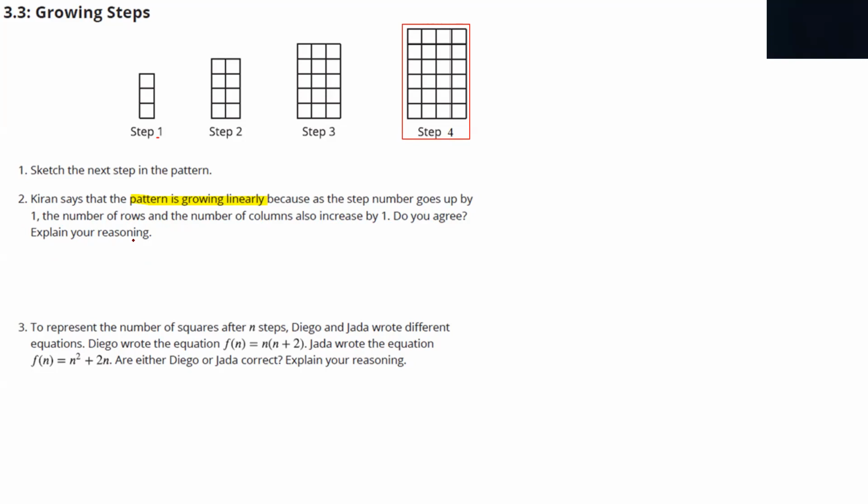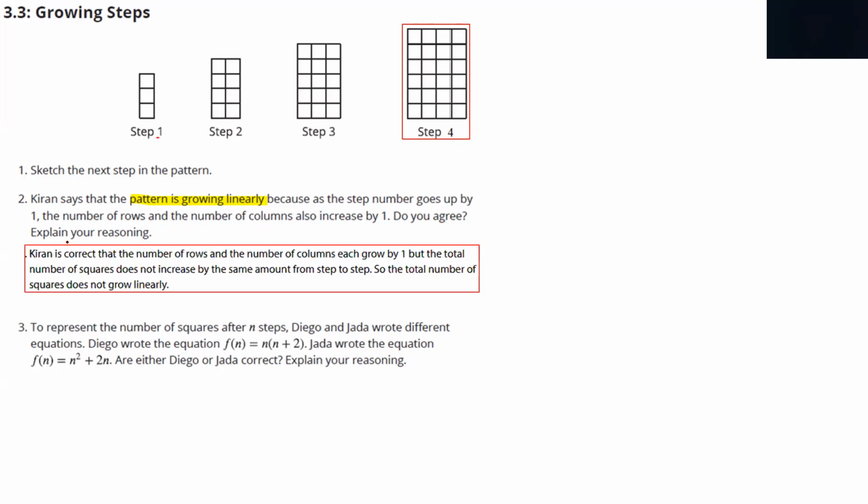Okay, so you were supposed to either agree or disagree that the steps are following a linear pattern. Karen is actually correct that the number of rows and the number of columns each grow by 1, but the total number of squares does not increase by the same amount from step to step.